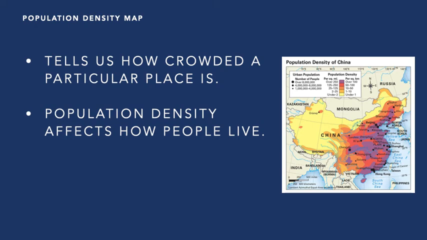We also have the population density, which is the colorful bar that you see there, and we can see how many people we have per square mile. So we can see that anywhere in the purple area, it has a population density of over 250 people per square mile. That is a lot of people. So population density maps are going to show you how crowded a particular place or area is.